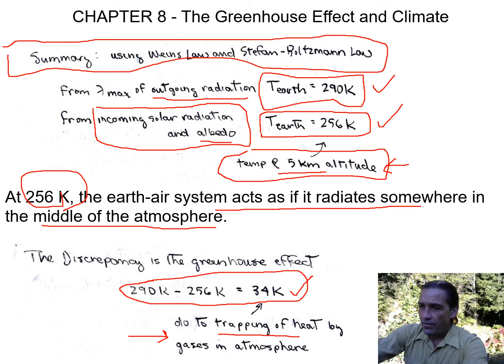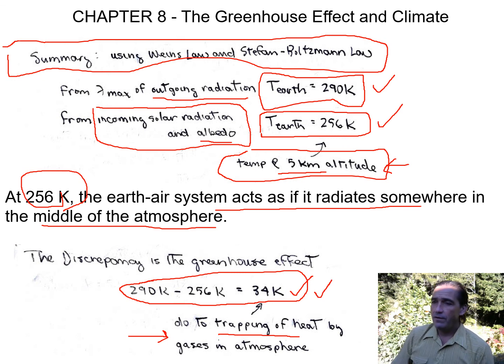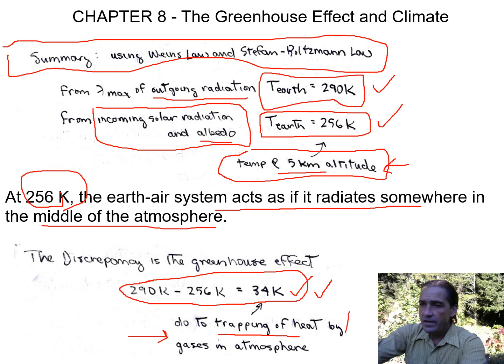And so the fact that we have greenhouse gases in our atmosphere allows us to have a planet with a temperature on average that is above the freezing point of water, which allows life to be a possibility. And so we'll continue talking about greenhouse gases in the next two videos.